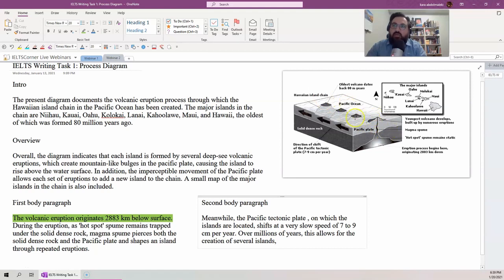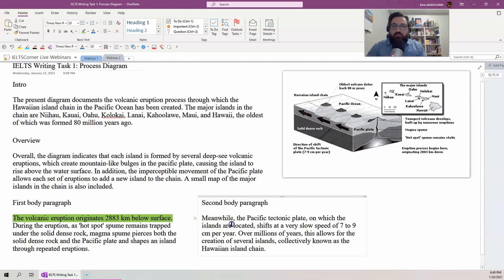It just prints islands one after the other. So I'm trying to talk about that. So we'll say the creation of several islands collectively, maybe collectively known as the Hawaiian island chain. Good.